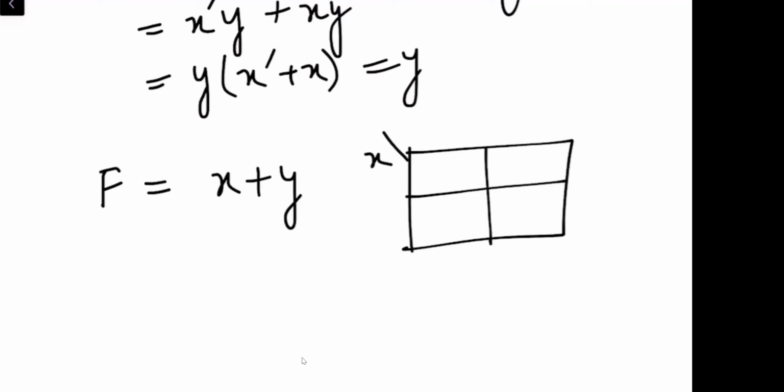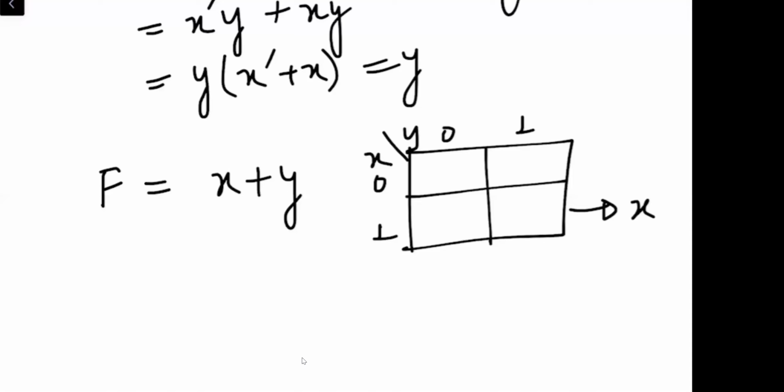I have x, y, it is 0, it is 1, it is 0, it is 1, right? So what we have established up till now is that this whole row is representing x.